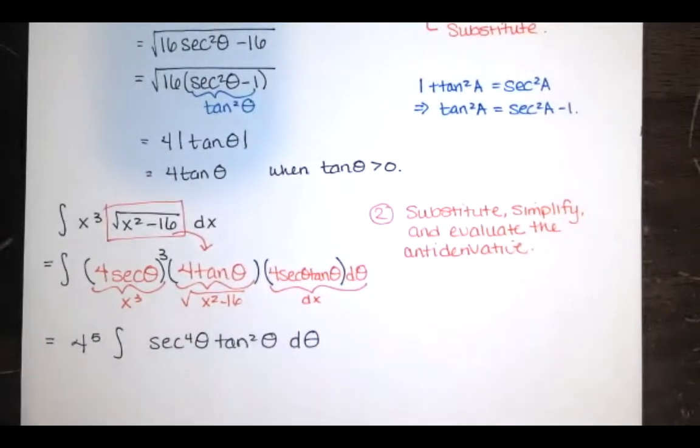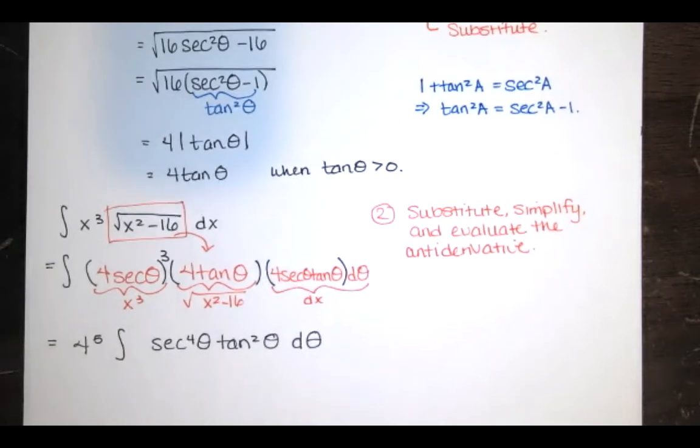Now at this point, we have a trigonometric integral, and we can use the trigonometric integral guidelines to decide what to do from here. So if you're in my class, you're able to refer to that guidelines sheet. Let me show you what that guidelines sheet tells us.